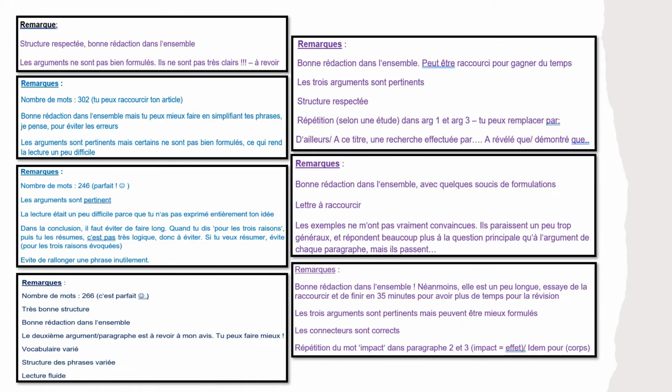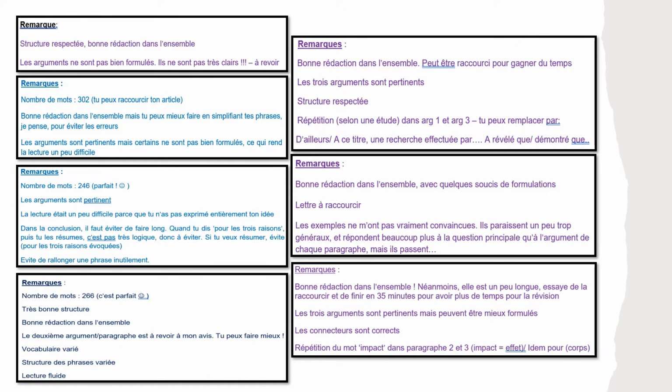So basically, she's saying the structure is well written, good writing overall, but the arguments are not very well written. They are not very clear. The number of words is more, 302, it should be less. Good writing overall, but you can simplify your sentences to avoid making some errors. It is very important.